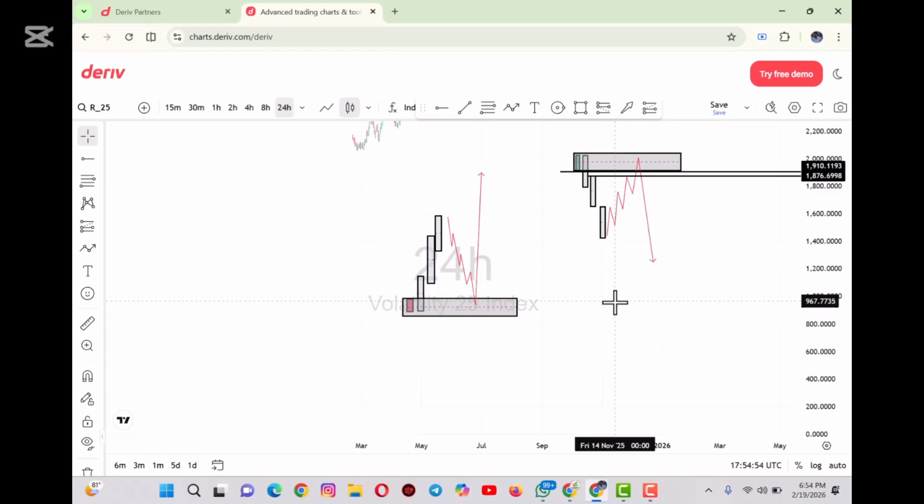Now let's take a step further by understanding what is a supply and what is a demand. The words supply and demand order block are used interchangeably because they are actually similar in one way or the other. I can tell you that a bullish order block is a demand candle and a bearish order block is a supply candle.